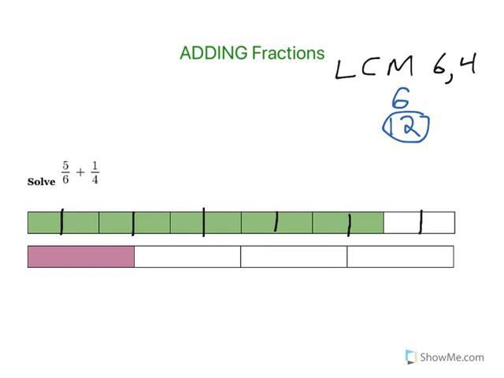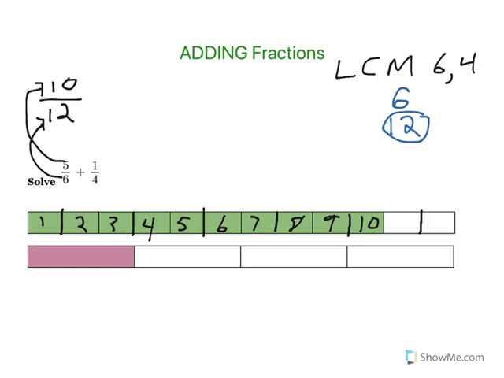And now you can see that we have 1, 2, 3, 4, 5, 6, 7, 8, 9, and 10 twelfths. So 5/6 is the same as 10 twelfths. Or you know that 6 times 2 equals 12, and 5 times 2 equals 10, which is really what we're doing calculations-wise, but you can see it now visually.